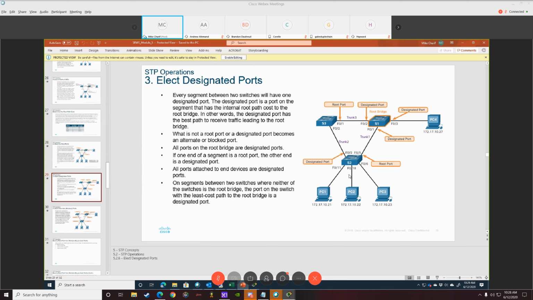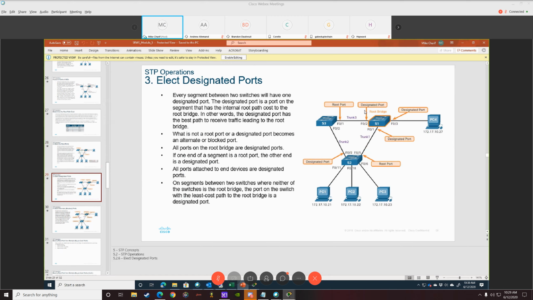Now, once we determine the root port, the rest of the ports are designated ports. We're going to have one designated port per segment. So this is a segment, this is a segment, and this is a segment. Once we determine this is my root port, then automatically this will become the designated port, because that's the segment. So we have one per segment.